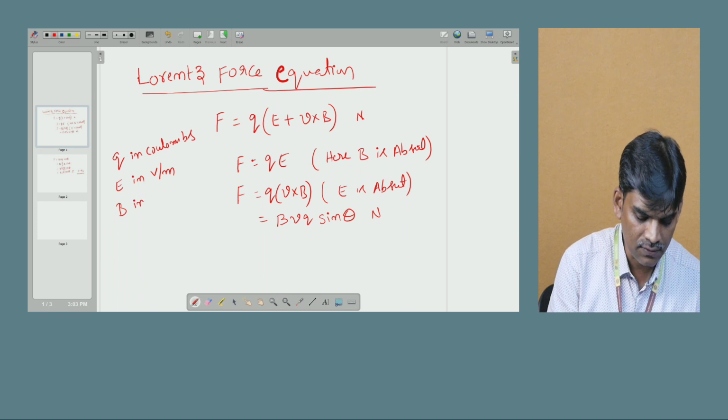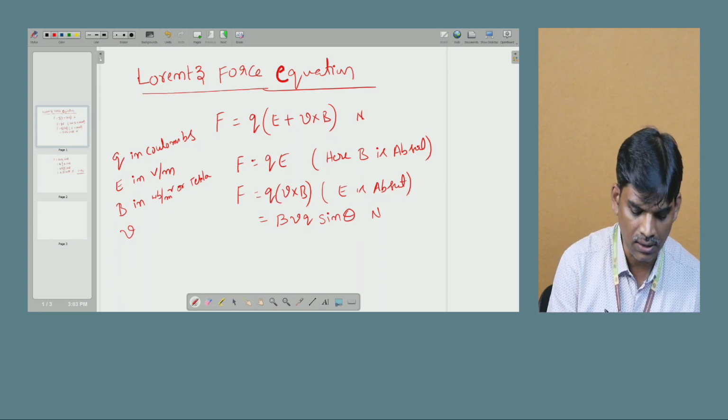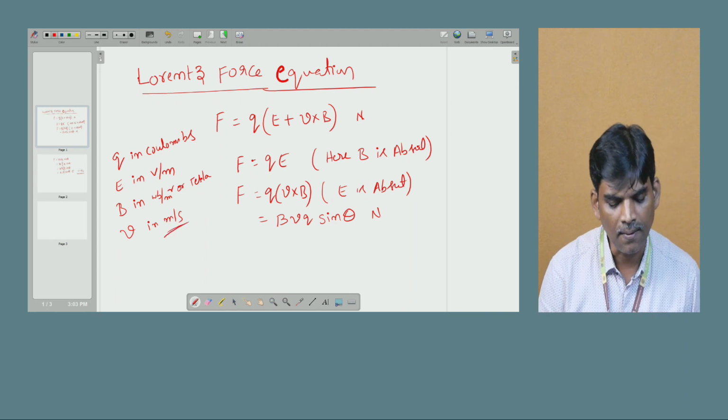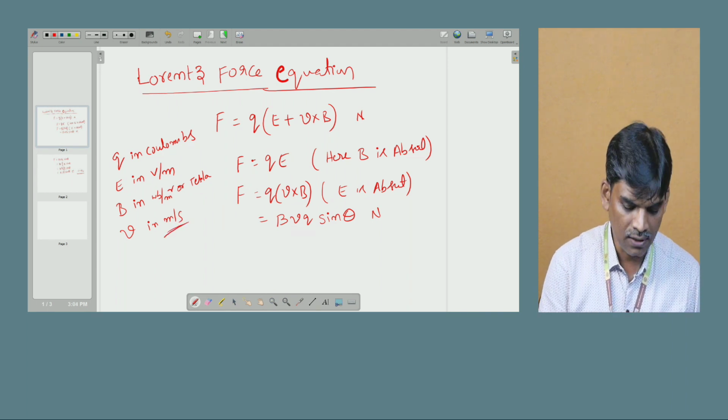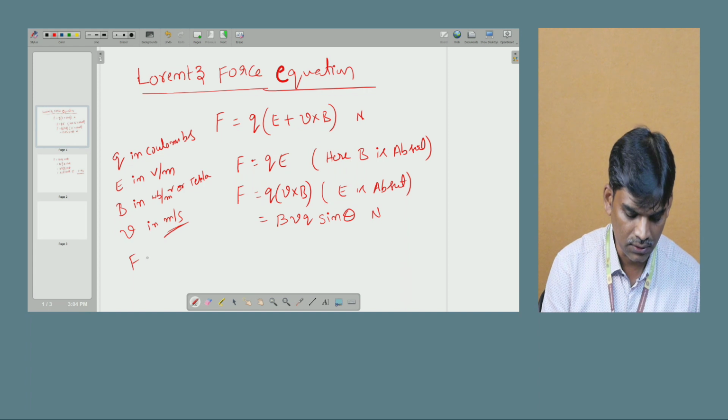B is the flux density, in Weber per meter square, simply called Tesla. V is the velocity of the particle in meters per second. The force is measured in newtons.